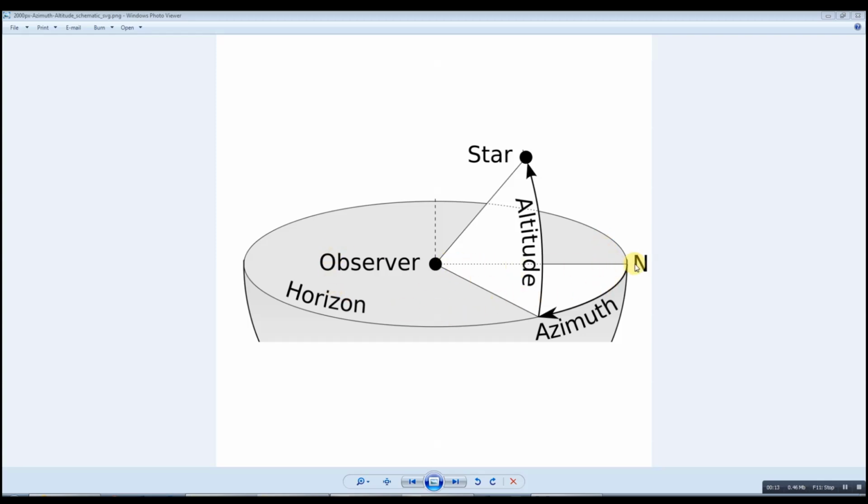You would face north, and then you would turn from north to an angle here, which is called the azimuth, and wherever the sun was would be the azimuth angle. And similarly, the altitude angle would be the angle from the horizontal, or from the horizon, upwards to the star, or the sun in our case, and that is the way you determine the sun's location from a particular observer on the Earth.